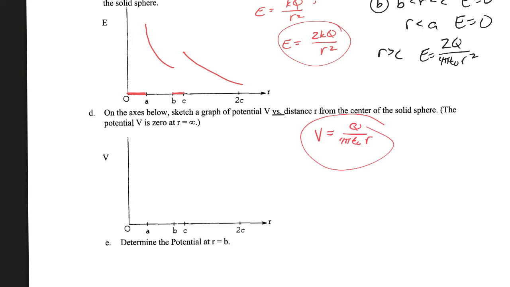So the question you have to ask yourself is, this should be the shape of the curve, a 1 over r. But you also need to be aware of when you are doing work. Well, I am doing work right up until I hit the side of that metal. So I know the potential should be increasing all the way until I hit the metal side.